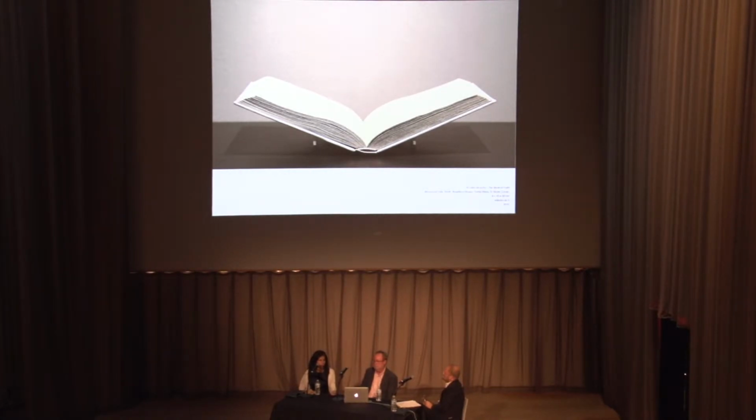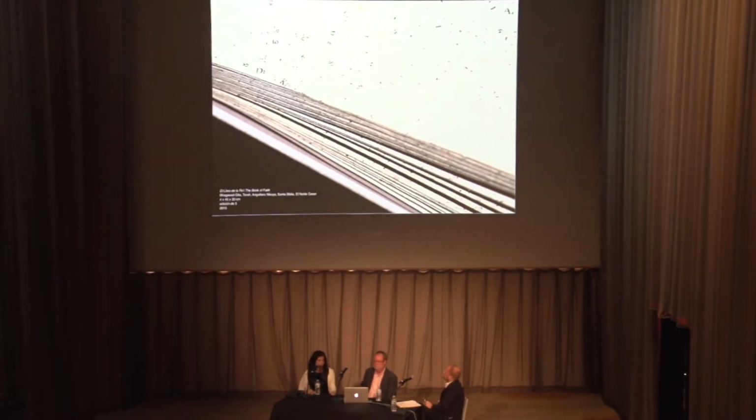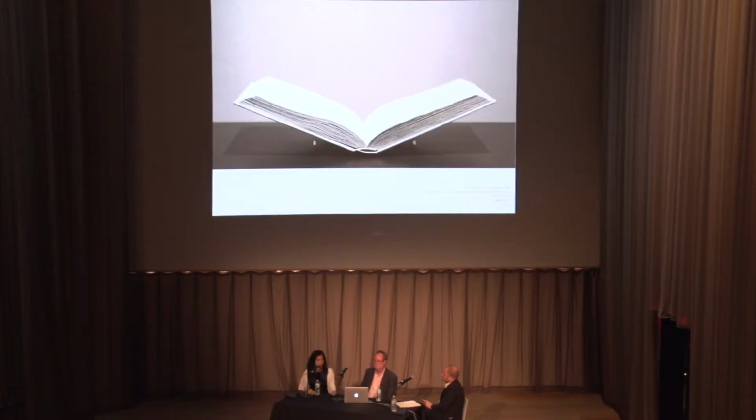Well, this is the book, also an abstraction of what Tobias said. The book is the selection of 5 books of the 5 main religions in the world: the Quran, the Bible, and so on. And I made a pulp with the pages of each of these books.